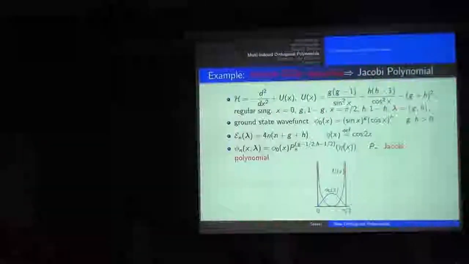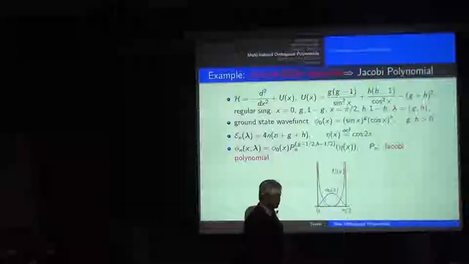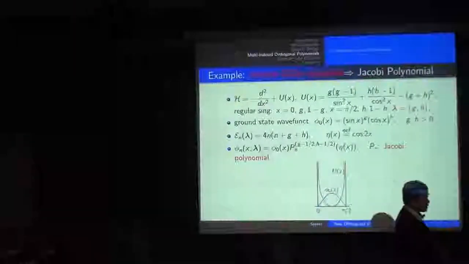When you change g to 1 minus g and g is greater than 1, for example, sine x to the power 1 minus g is no longer square integrable at x is equal to 0. So the eigenfunctions are not symmetric under this transformation.